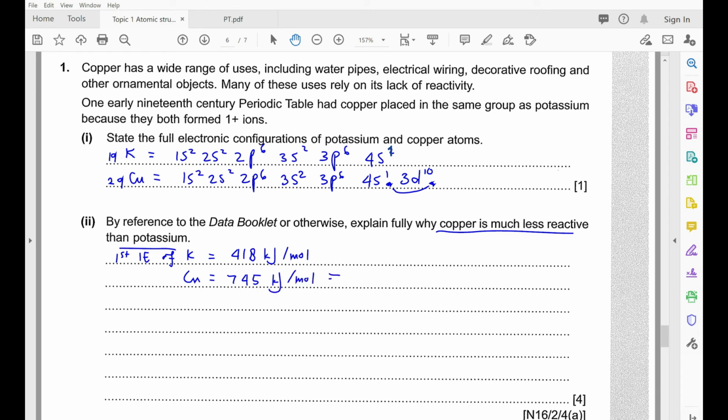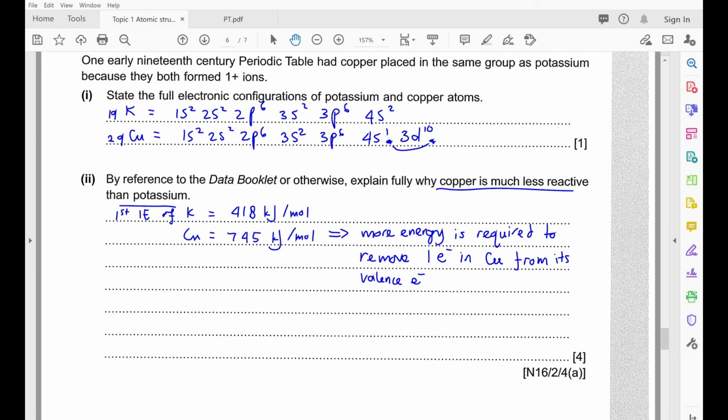So that means more energy is required to remove one electron from the valence electrons in copper. And the harder it is to remove an electron, the less reactive the metal.